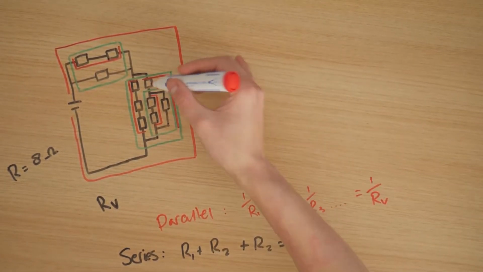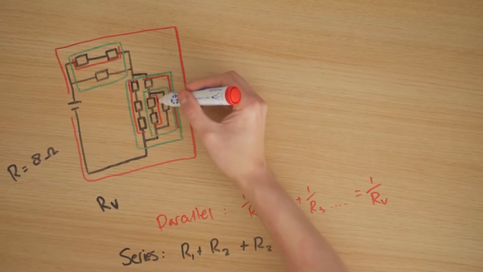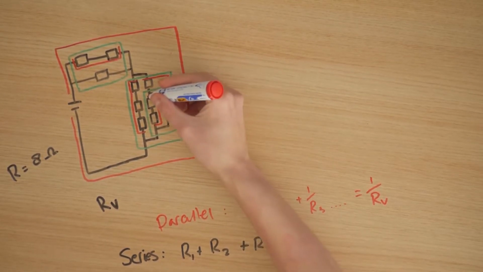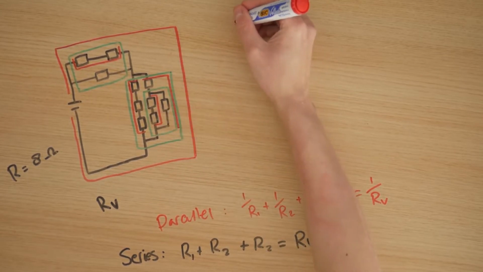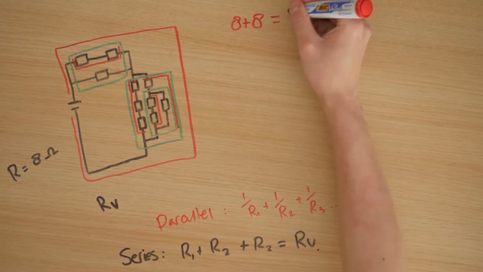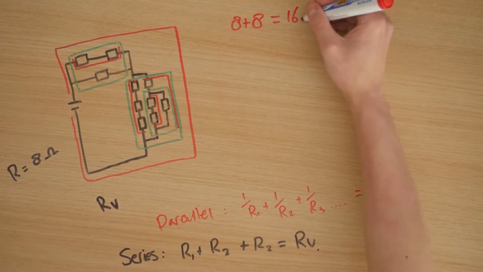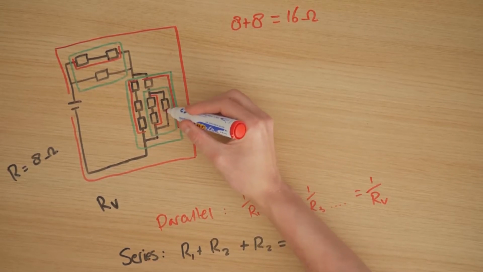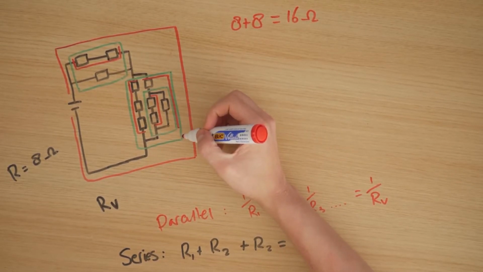Let's dive right in. We'll see here these two are in parallel with this guy. Let's put these two series together. So we have 8 plus 8 is obviously 16 ohm. So these two together are 16 ohm. They are in parallel with this other 8 ohm resistor.